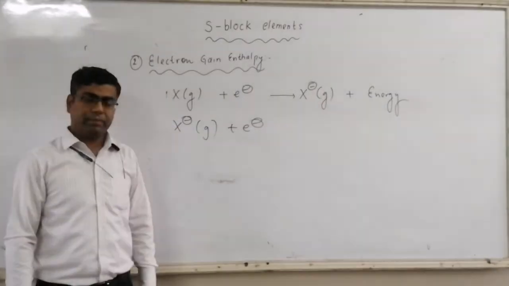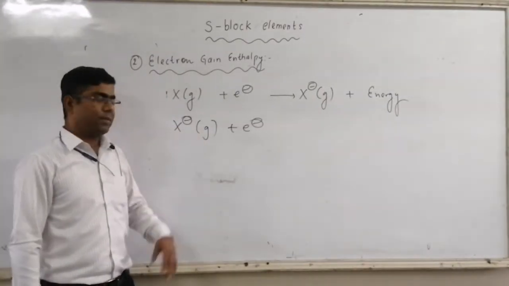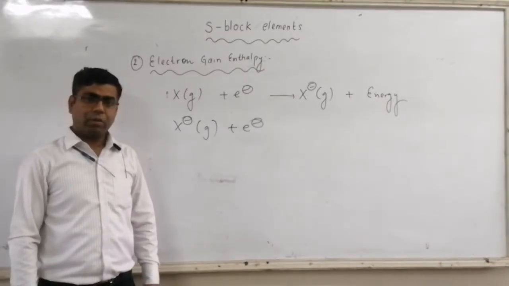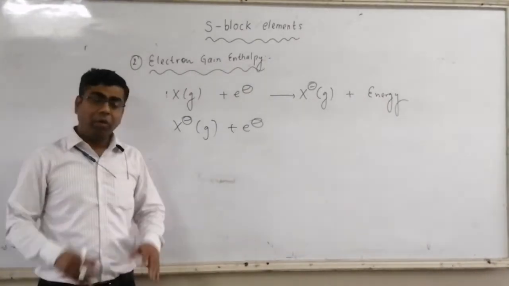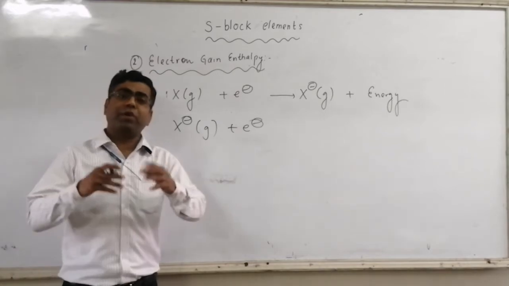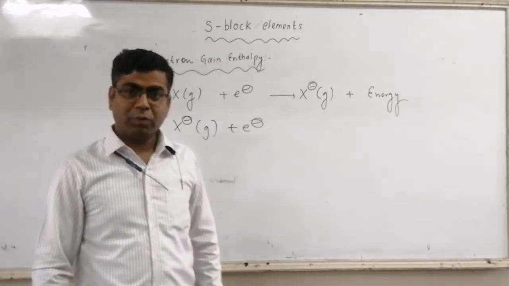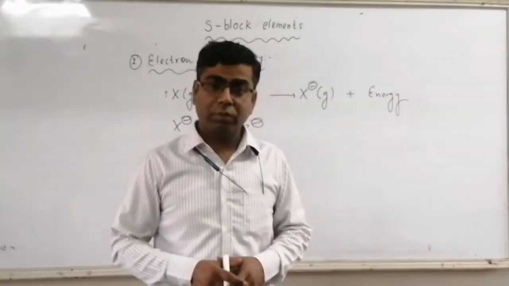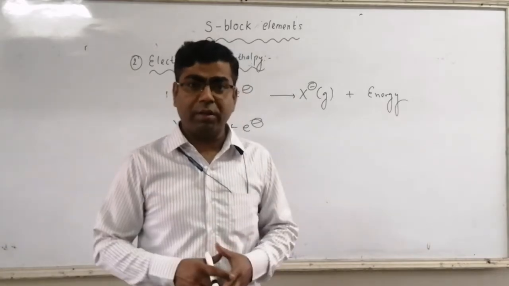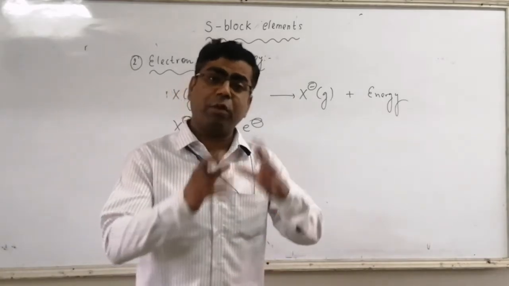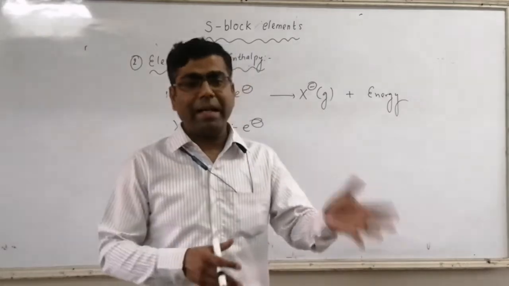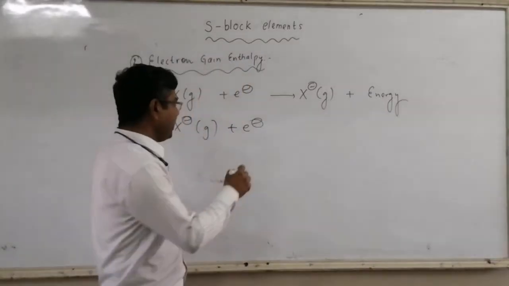Minus is already there. It is an anion, a negative ion. So the electron will feel a force of repulsion. To diminish this force of repulsion, we have to supply energy from outside. In this manner we can add the electron. So here energy is needed.